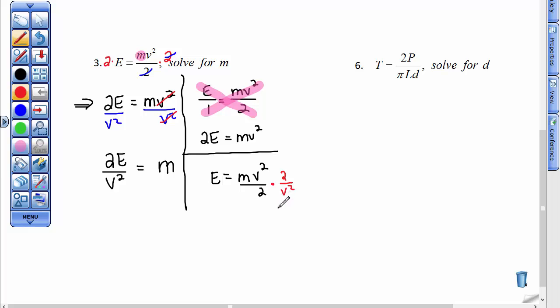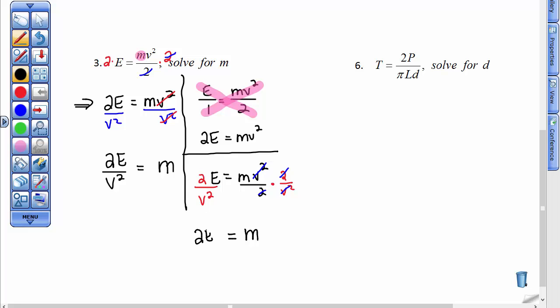So you have 1m. But if you do it to one side, you have to multiply the other side by 2 over v squared. So again, the v squareds cancel out, the 2's cancel out, and you are left with, on the right-hand side, m all by itself.